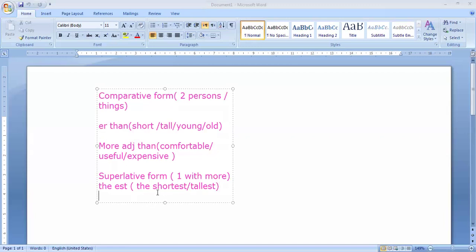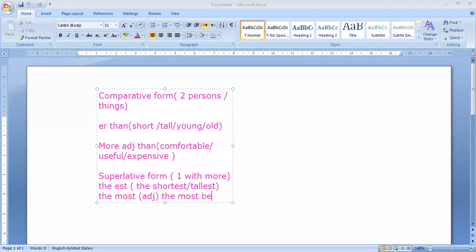When we talk about adjectives with more than one syllable, what can I do? I can say the most and put the adjective here. We can say the most beautiful, the most comfortable.